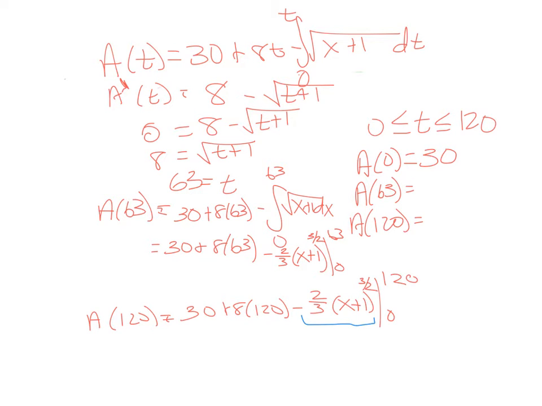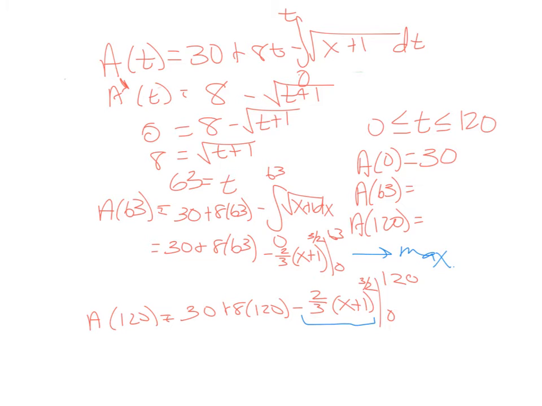No, the square root, the square root of 8. 8 to the third versus 11 to the third, this is going to be the max, right? This is your max. It's greater than this. So you can just say A of 63 is greater than A of 120, right? And if you can convince yourself of that, that's good. All right, so that's the AP problem.